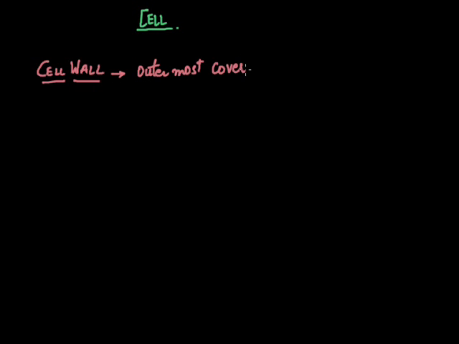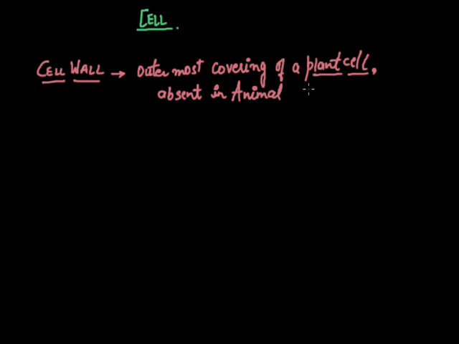It is the outermost covering of a plant cell. Here it is important that it is only present in plant cell, not in animal. That is, it is absent in animal. So cell wall is only a component of a plant cell.